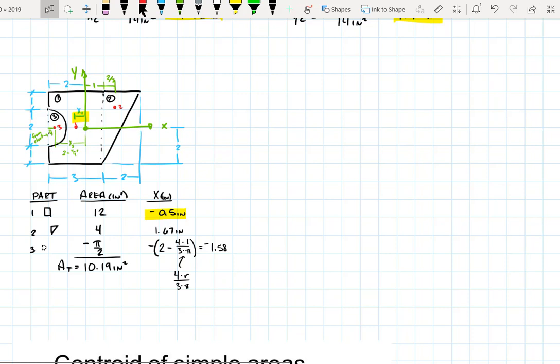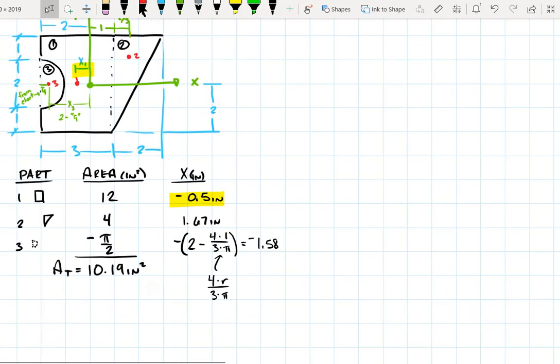Let's do our a times x column. So the area of part 1 is 12. It does have a negative x coordinate though, so I have a negative a times x. I have to keep track of the negative signs. So negative 6. The next one has 2 positives, so 4 times 1.67, 6.68.